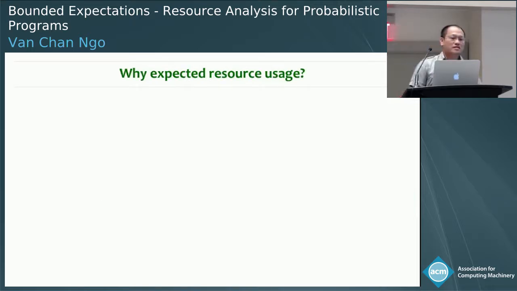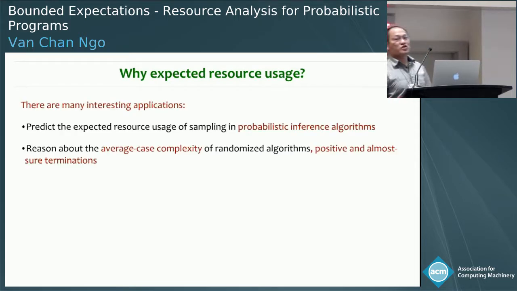So why do we study expected resource usage? First, there are many interesting applications. For example, we can use it to predict the expected resource usage of sampling in probabilistic inference algorithms, or to reason about the average complexity of randomized algorithms, or to reason about the positive and almost sure termination of probabilistic programs.